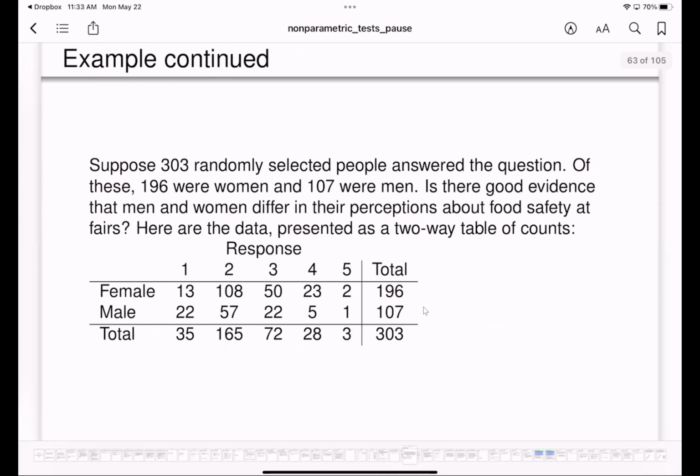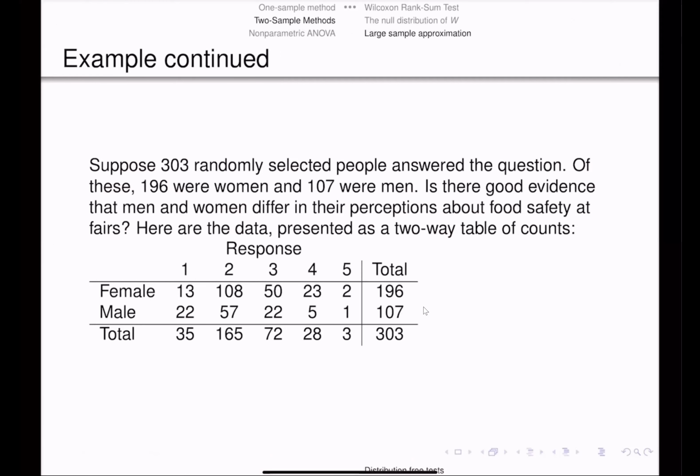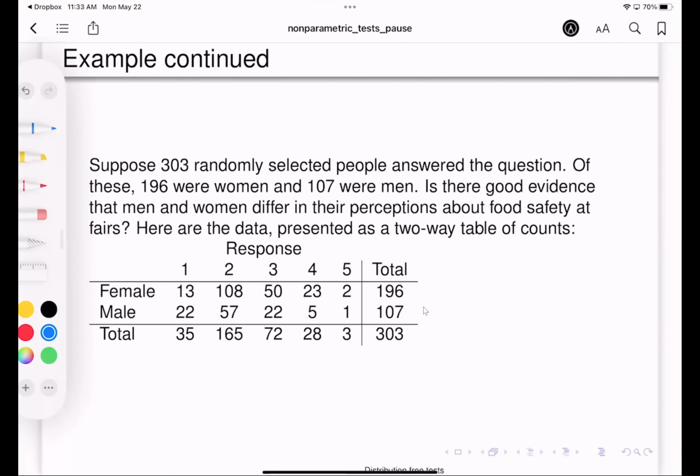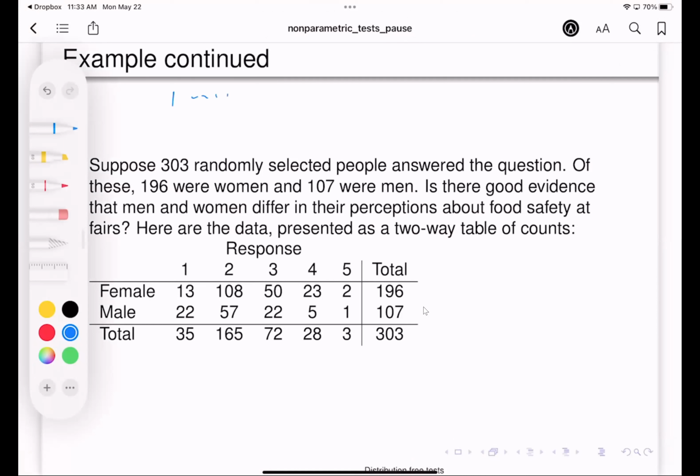And what is in the data here? 13 means that there are 13 females who gave the response value of 1, and 108 are those females that gave a response value of 2, and so on. So in this case, what we observed is really that we have 1, and you repeat this 13 times.